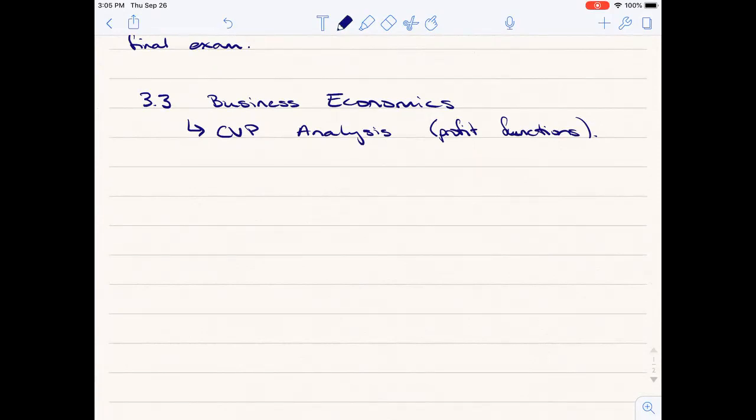So a profit function, if we think about it, is just a formula that's going to tell us how much profit we're making, which if you break it down is just going to be the total revenue, all the money that you've made, minus your total costs, everything that it costs you to make that money. And then everything else is profit.